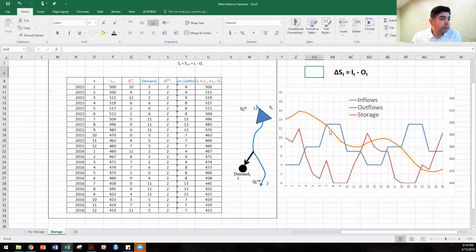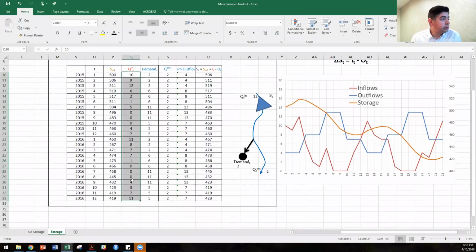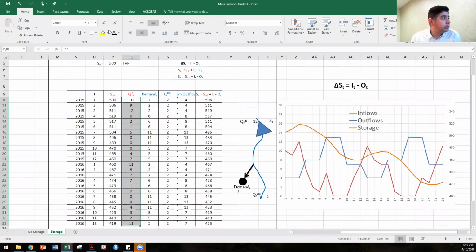So again, here we have our inflows. These are our red numbers, which are plotted in here. These are our outflows. This is the time series data. When the inflows are greater than the outflows, our storage increases month by month.